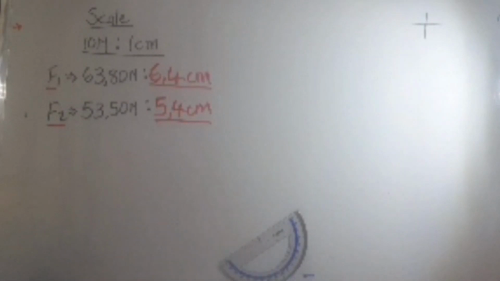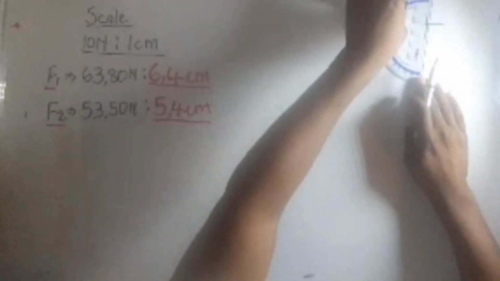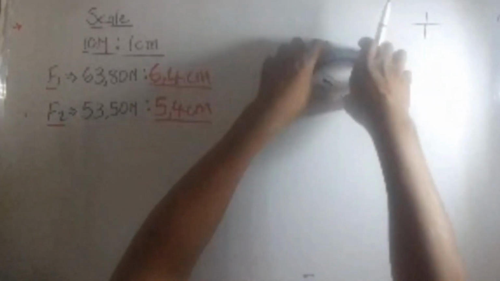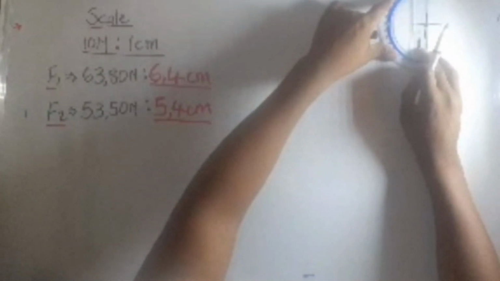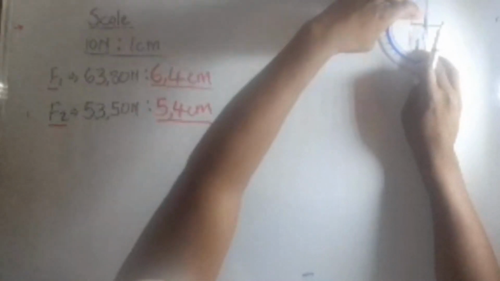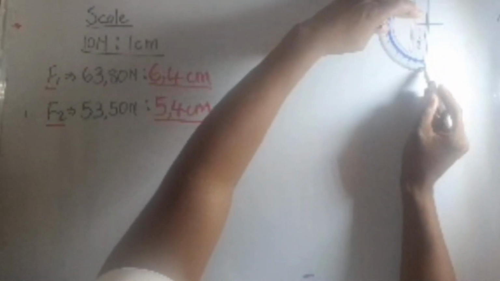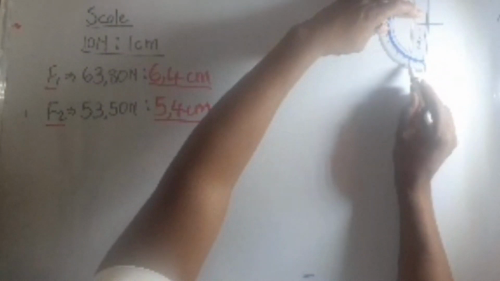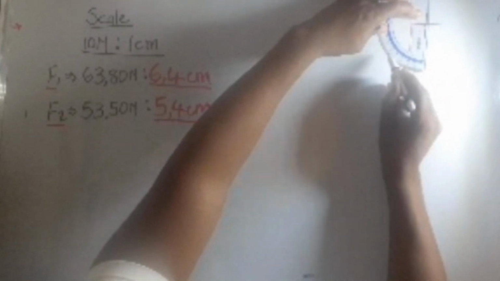So you take the protractor, you point it in the inside. Okay, yeah. So the center must always be above your Cartesian plane. So we start counting 0, 10, 20, 30, 40, 50.